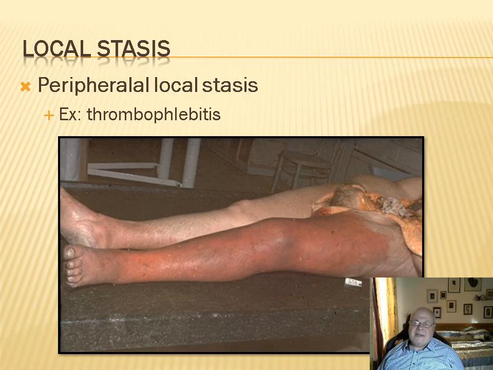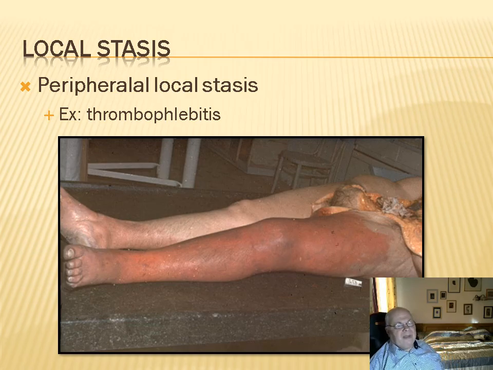And we have here such an image of a deep vein thrombophlebitis of the leg, which we'll see again later, generating lethality in a very particular way, but we'll understand this better in the next lecture.